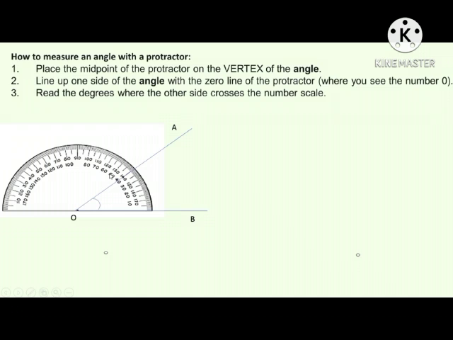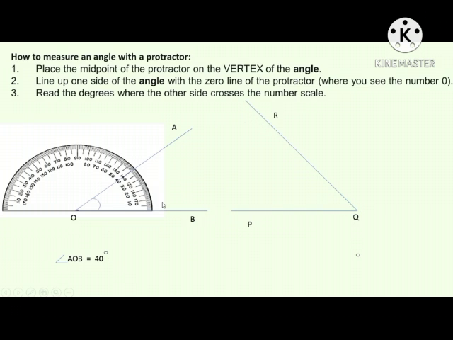The angle is in the right direction, and the degree exactly shows 40. You have to use the inner degree, the inner side, and mark it. So it is 40 degrees.